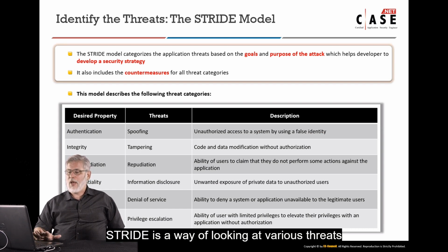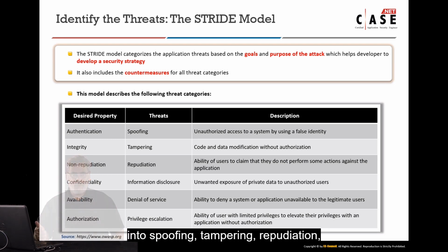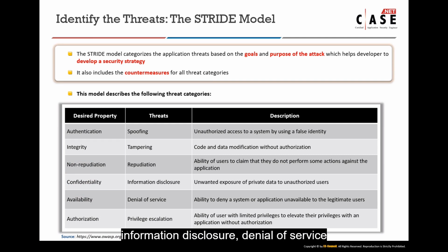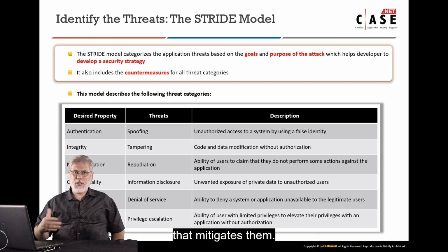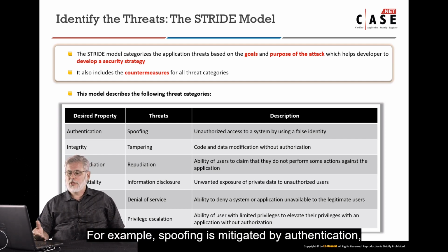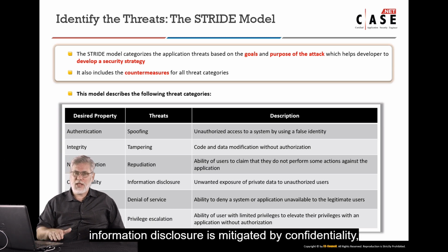STRIDE is a way of looking at various threats, and it breaks them down into spoofing, tampering, repudiation, information disclosure, denial of service, and privilege escalation. Now, each of these has a different property that mitigates it. For example, spoofing is mitigated by authentication. Information disclosure is mitigated by confidentiality, and so forth.